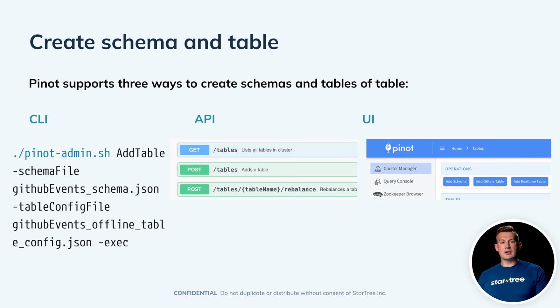You can configure schemas and tables using our own Pinot admin command. There's an add table subcommand. There's also an API available, which you can invoke through REST, or you can configure those schemas and tables in the Pinot UI.